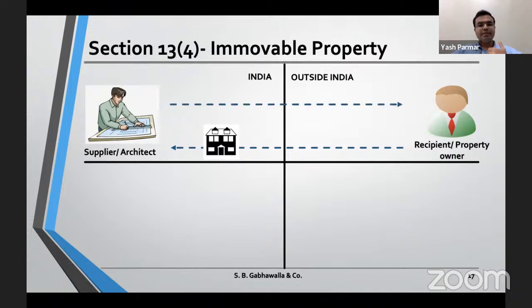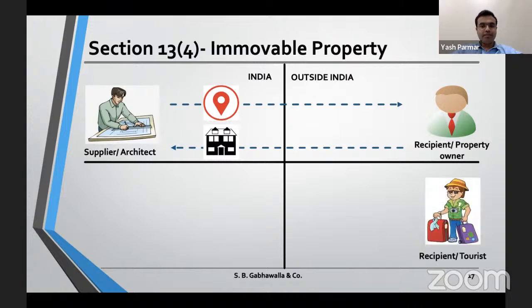Though this architect is giving service to a person located outside India, because the service is in relation to an immovable property located in India, as per the provisions we saw, the place of supply will be India, because the property for which the architect prepares the drawings and plans is based in India. Therefore the place of supply of service will be India, despite the fact that the recipient of service, the property owner, is located outside India.